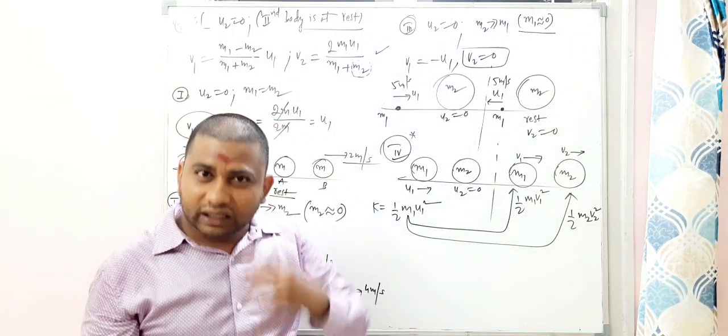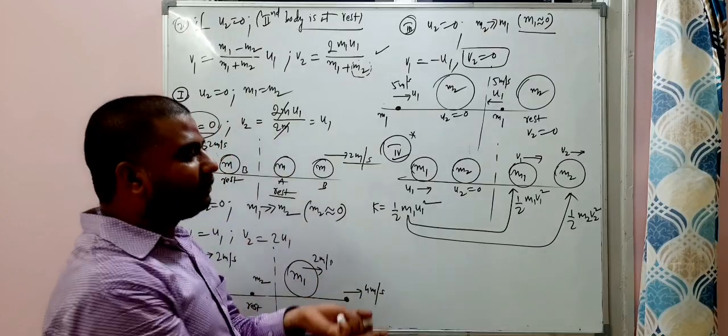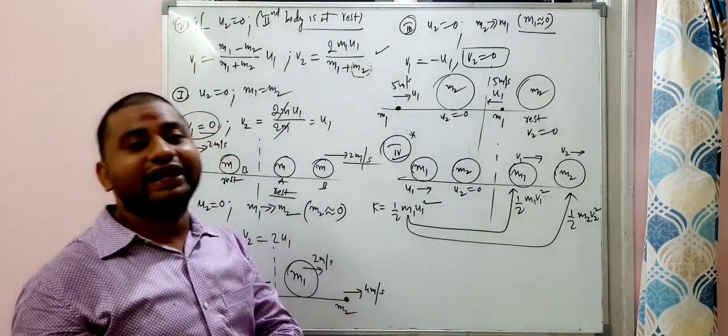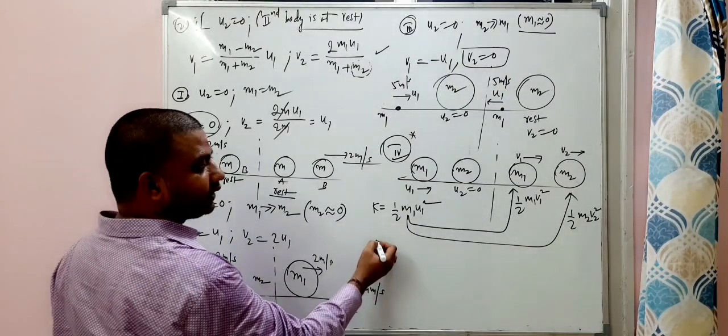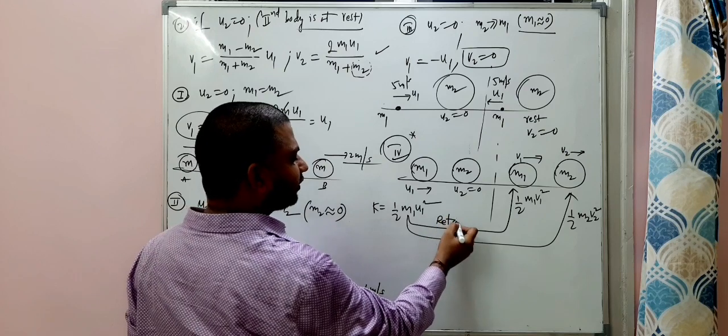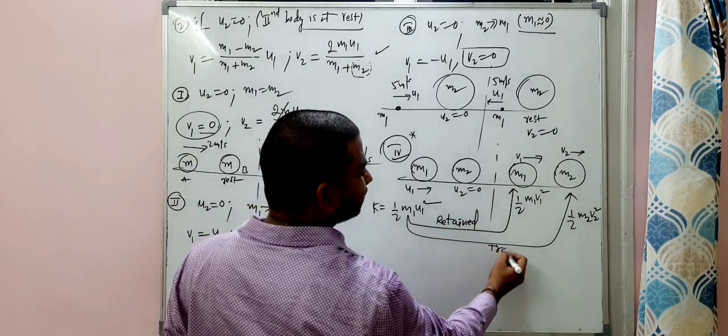Okay, clear? Now, commonly the question will be asked: what is the fraction of kinetic energy retained by the first body? Understand? So this I am writing here. This is retained by the first body and the other one is transferred.